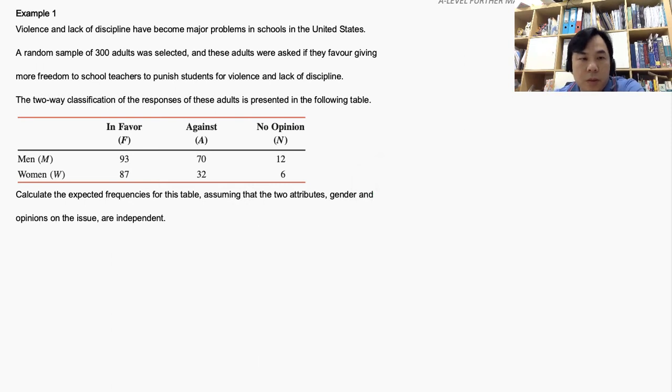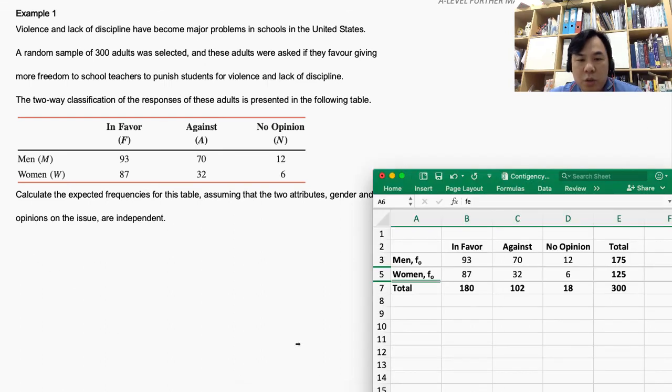Let's just check that all the values are correctly entered. Our first step is to make sure we get the totals, to tabulate the totals first.